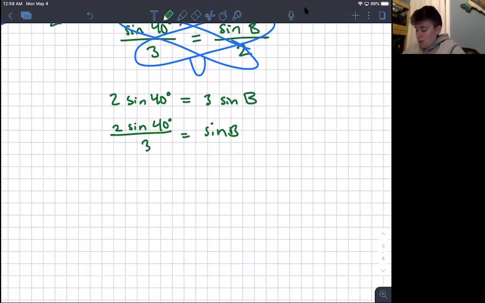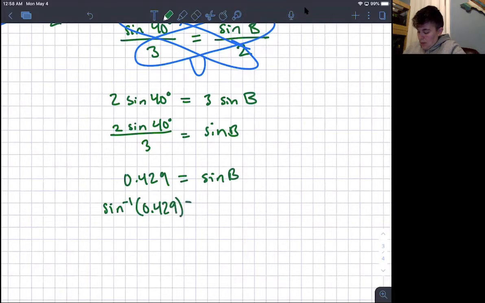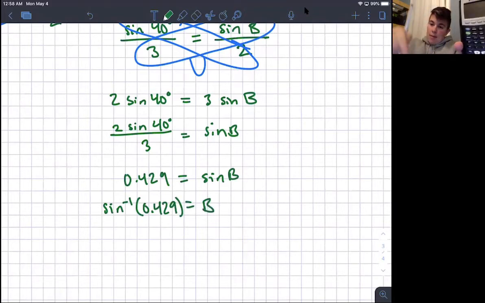I'm going to say 0.429, I'm going to round it there, equals the sine of B. So the inverse sine of 0.429 equals B. But I'm not going to round it in my calculator. I rounded on my paper to write it down, but I'm not going to round in my calculator.